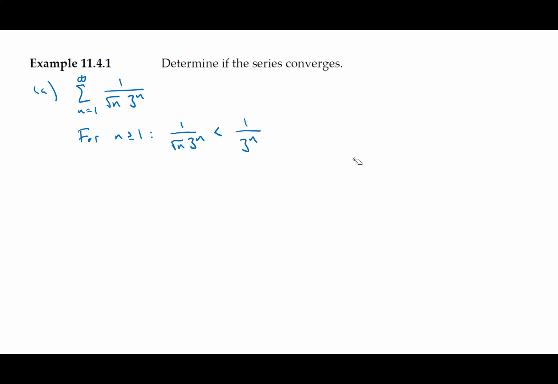So what we can do is then look at the series 1 over 3 to the n. Well, that is convergent. Why? Well, it's a p-series. I'm sorry, what am I saying? It's a geometric series with r equals 1/3, which is certainly less than 1.